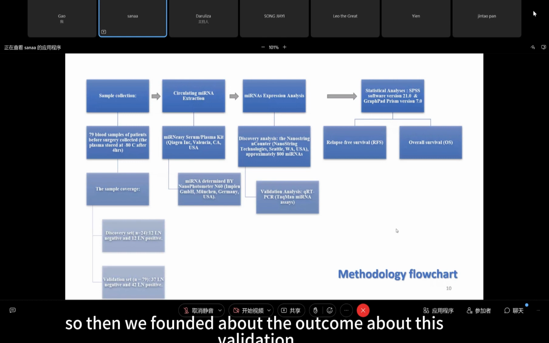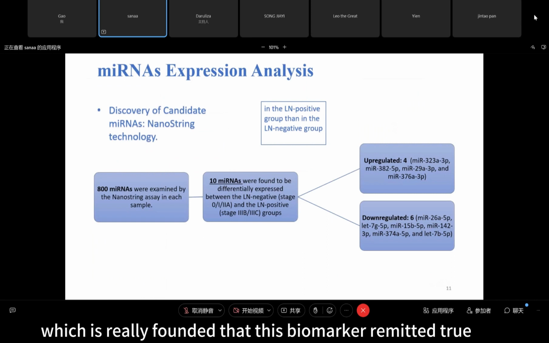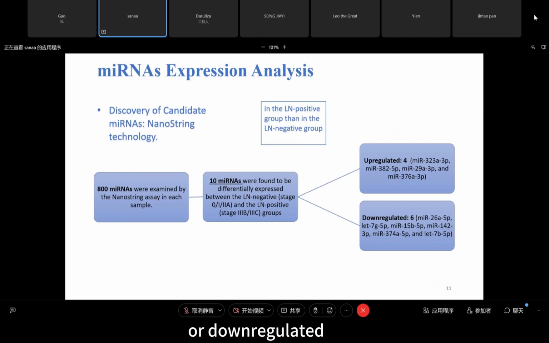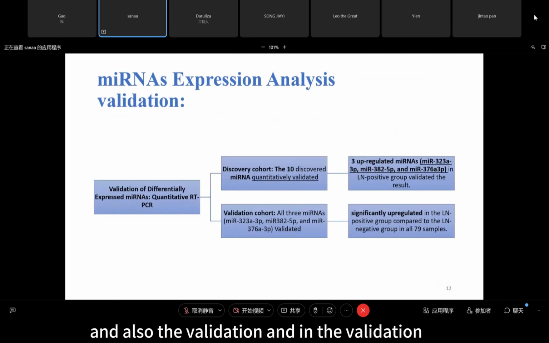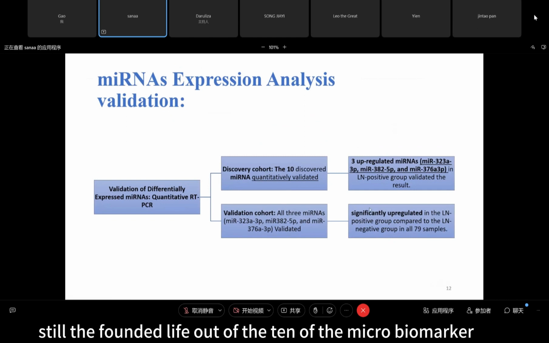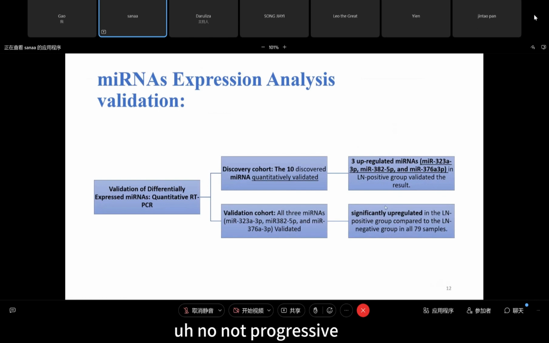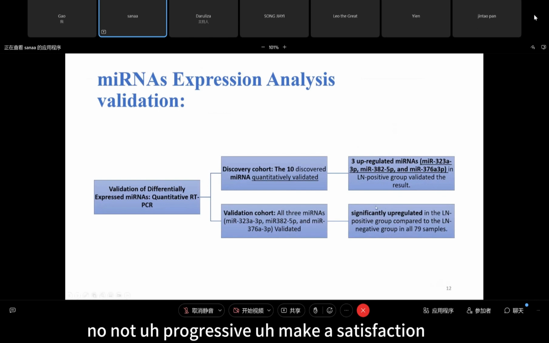They found biomarkers related to the lymph node positive group that were upregulated or downregulated. In the validation step, out of the 10 microRNA biomarkers, 3 of them were significant with lymph node positive metastasis patients.